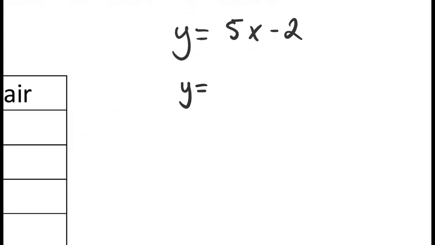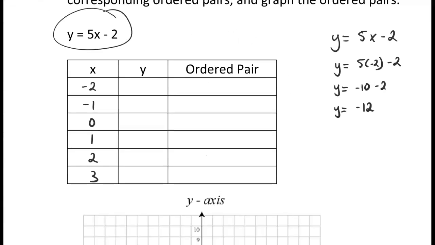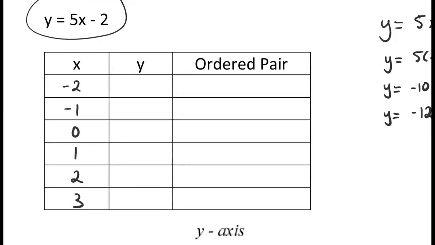So y equals 5, then in brackets, negative 2, subtract 2. Y equals 5 multiplied by negative 2, which gives you negative 10, subtract 2. Y equals negative 10 subtract 2, negative 12. So when we use negative 2 for our value of x, it resulted in y being negative 12.